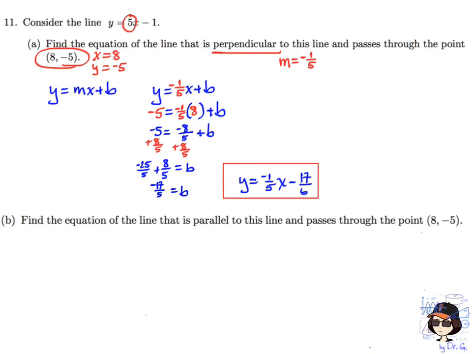Okay, so I've noticed in past semesters when I've given this problem on tests, students tend to doubt themselves when they get weird numbers like -17/5. And it looks like I wrote a 6 there. That should be a 5.